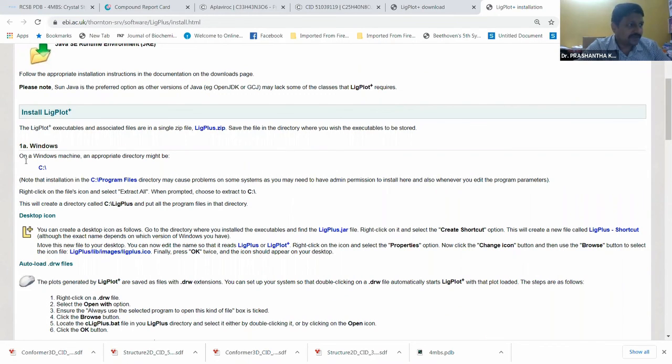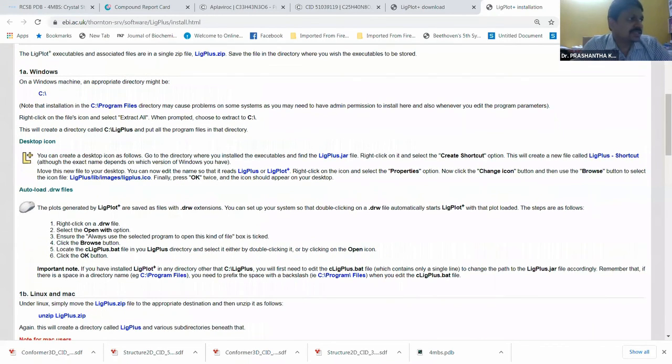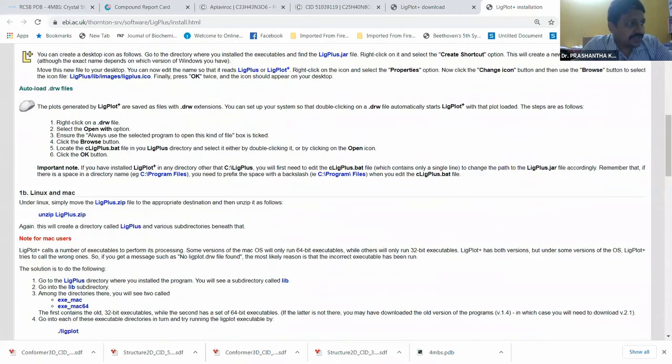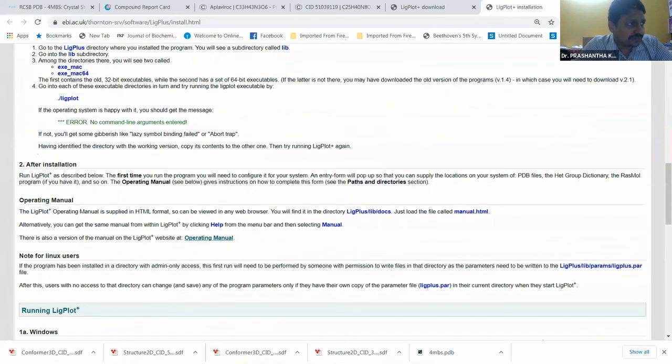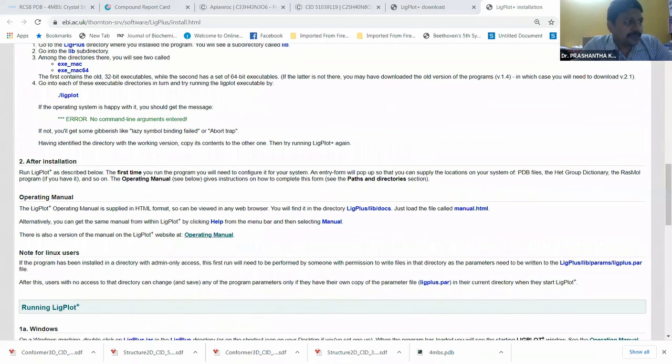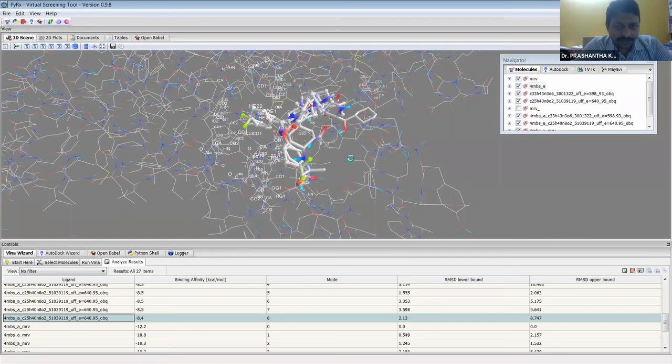That is easy. Now one of the questions is, can we use both the chains simultaneously for docking? We can use both the chains, but we will have only one grid box.